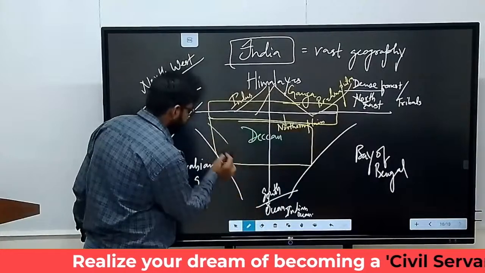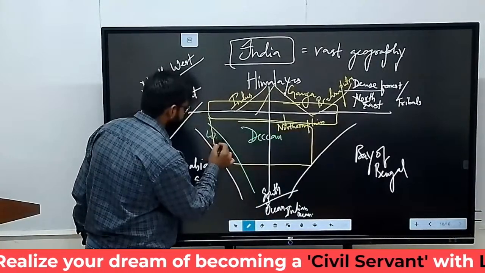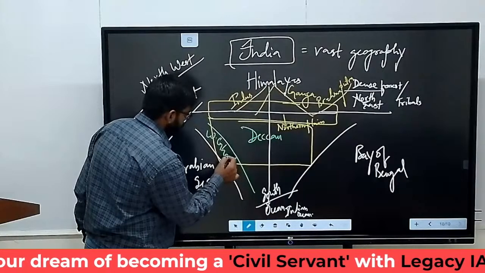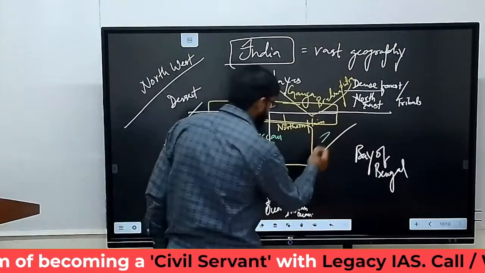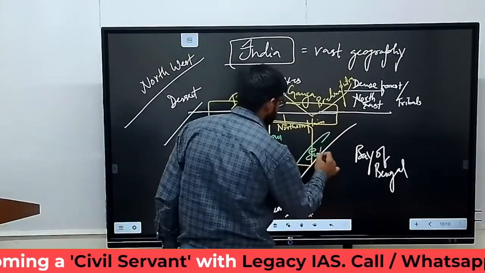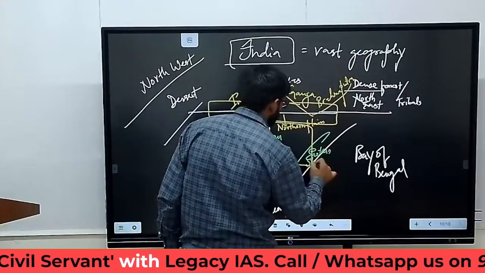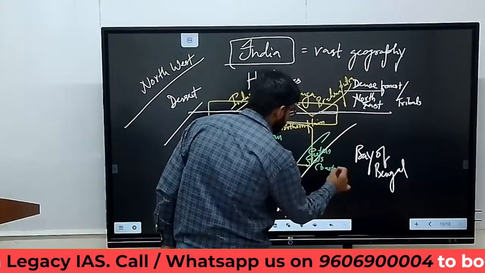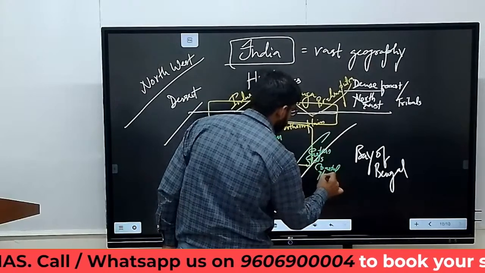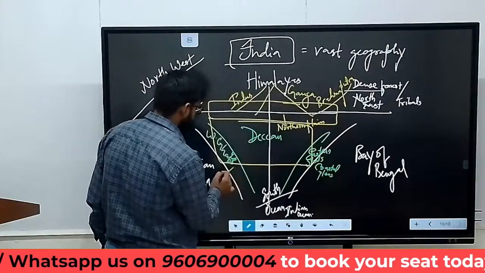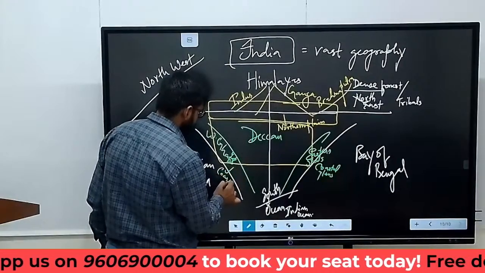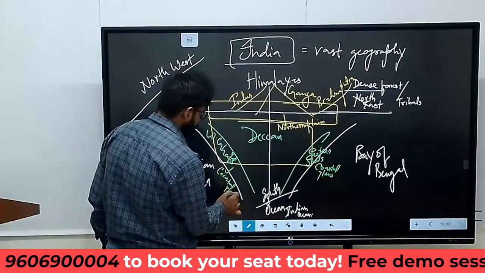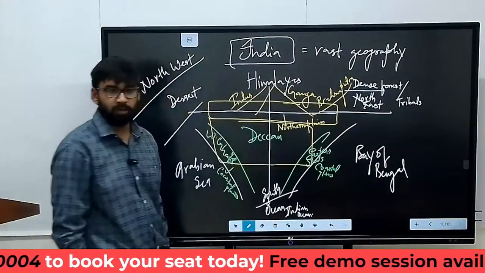Now, this side, Western Ghats, and this side, Eastern Ghats. And these are coastal areas, coastal plains. This side also coastal plains. Clear?